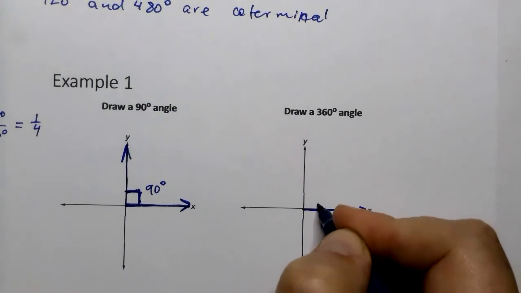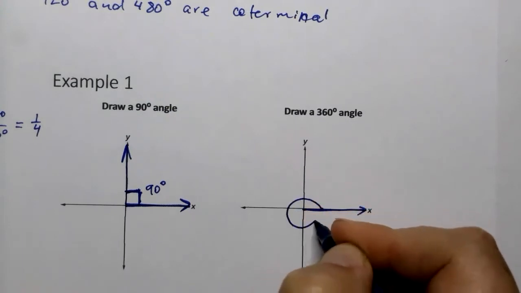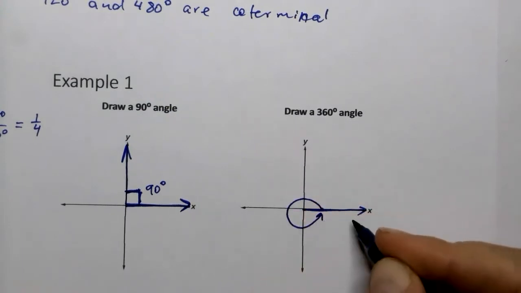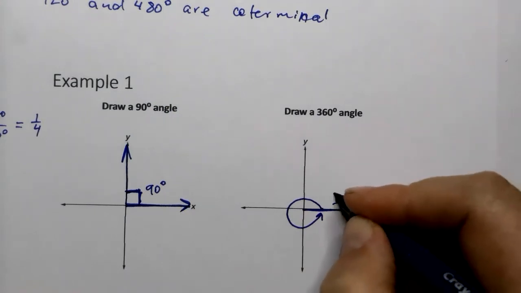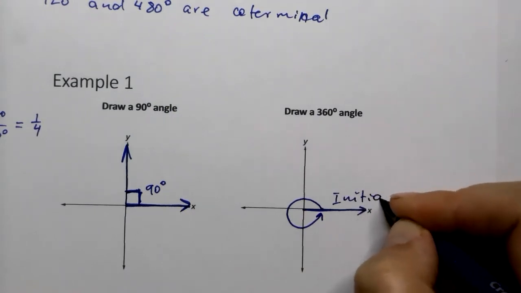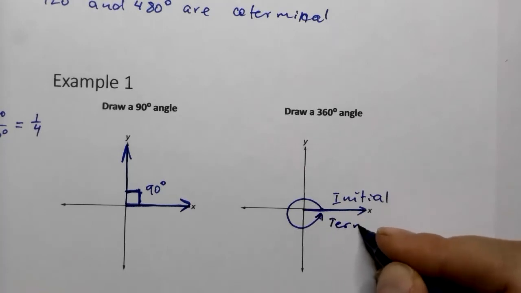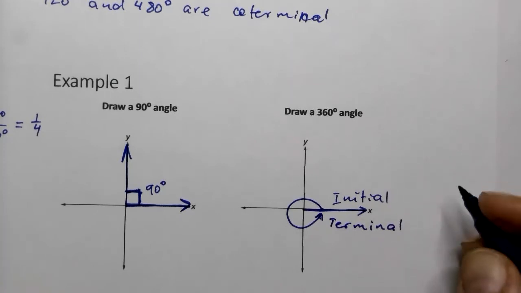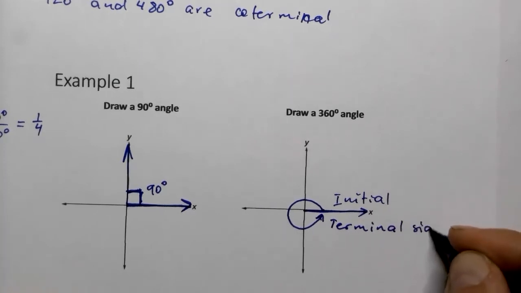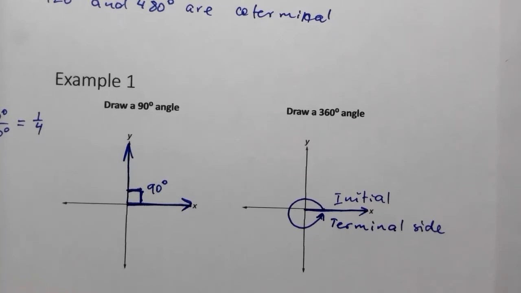So we're going the full circle. So this is your initial side, and then you come to your terminal side. They coincide. Terminal position or terminal side, they coincide for a 360-degree angle.